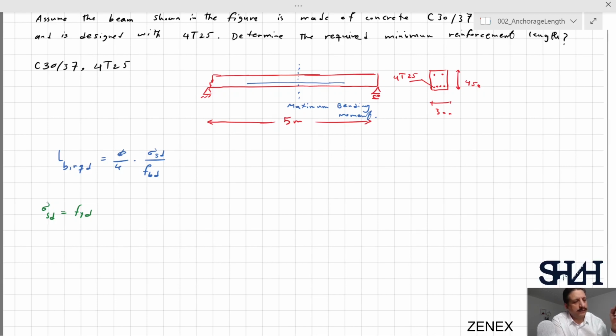I will record another video regarding the calculation of this sigma sd, but for now we can follow fyd, and usually we use B500 as the reinforcement. This means that fy of the reinforcement is 500 megapascal.